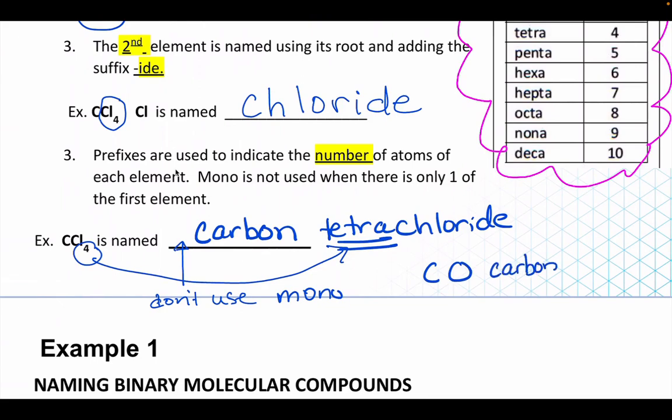I don't use a prefix on the carbon, but I do use mono on the second. So it's only the first element that, if it is only one, you don't use mono. Otherwise, there are prefixes on both the beginning and the end of the name. Also, just notice the mono and oxide: it would have been double O, which looks kind of weird, so we do drop one of the two vowels.